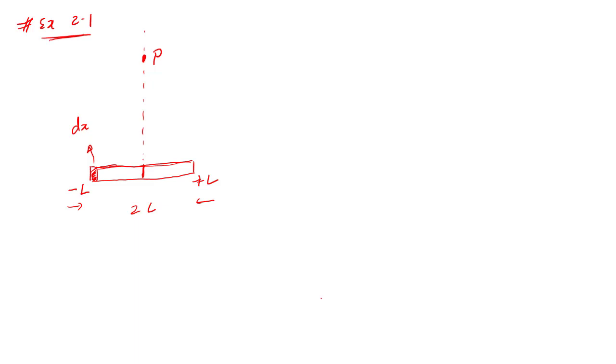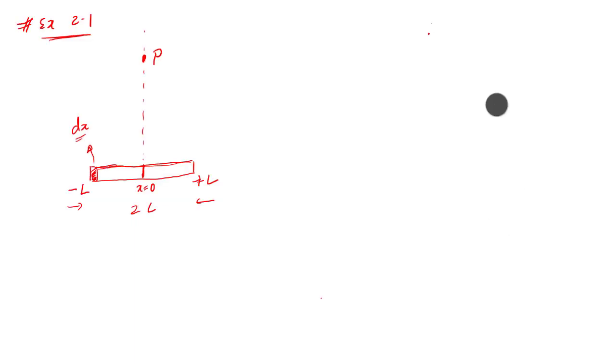If I label this middle point as x equal to 0 and this is dx, suppose this line charge has charge density, let's say, lambda.